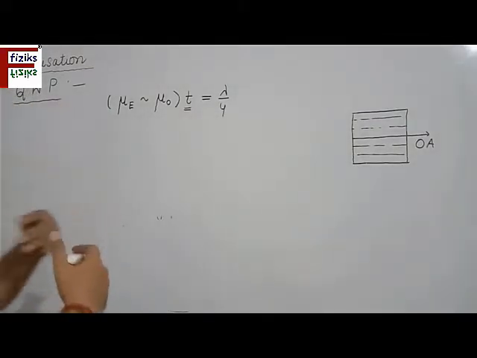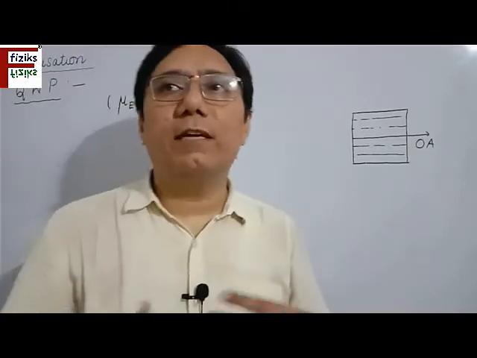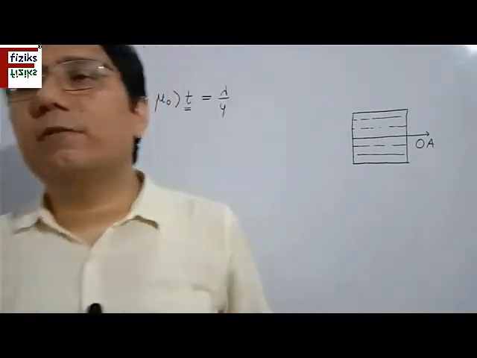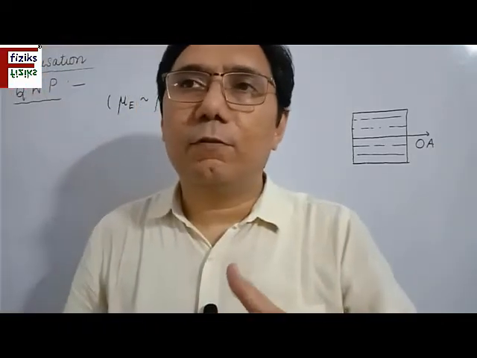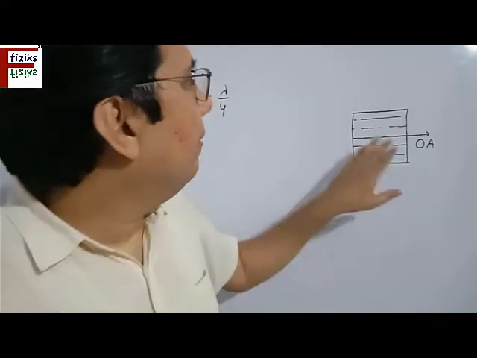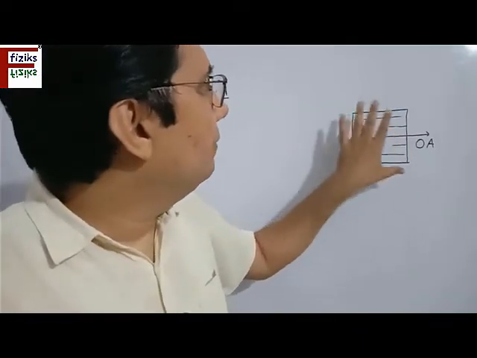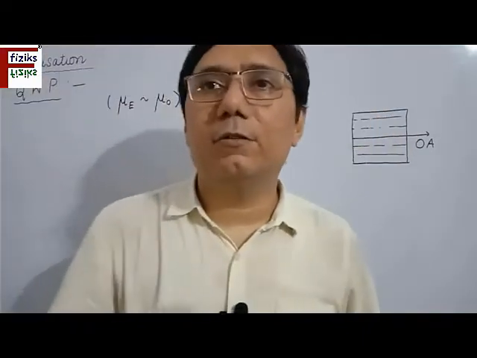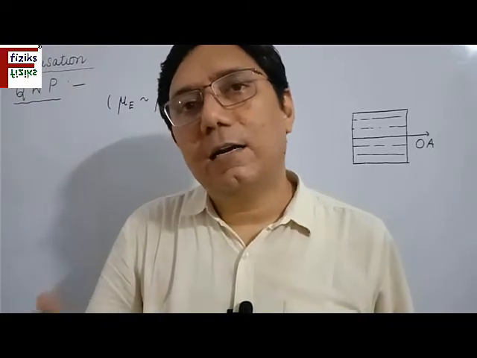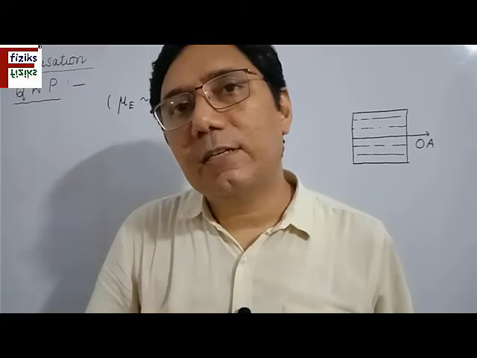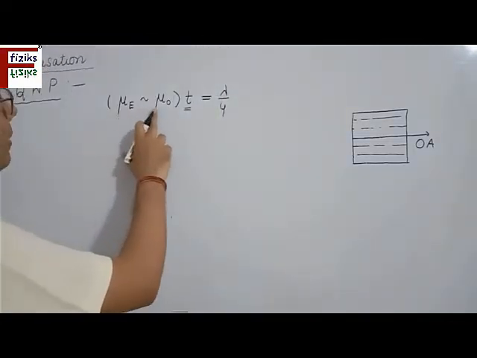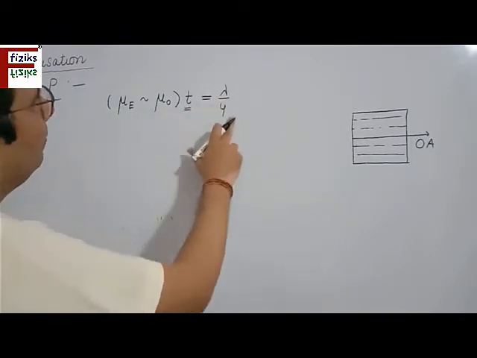Retarding plate means it is introducing some path difference or phase difference between O ray and E ray. Any plate which introduces some path difference or phase difference between O ray and E ray, and has its optic axis parallel to this face, with this type of structure, is known as a retarding plate. Quarter wave plate and half wave plate are two of its examples. So in a quarter wave plate, (mu E minus mu O) into T equals λ/4.